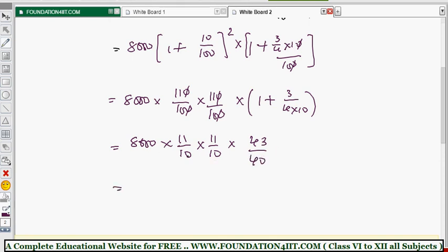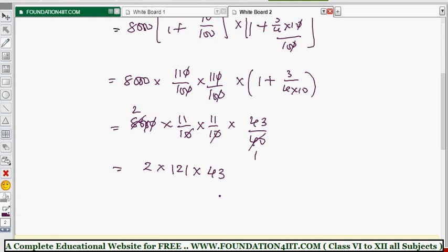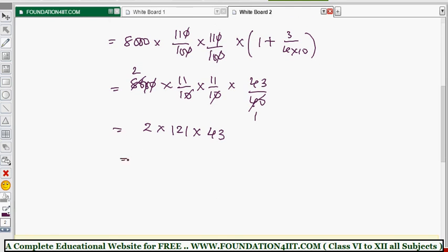Just simplify everything. 2 zeros cancel, 4 1s are 4, 2 4s are 8, 0, right? 2 into 11 into 11 is 121 into 43. Multiply this, 2 into 121, so 242 into 43, then this is the total amount. So if you multiply this, 2 3 0 6, total 10,406.